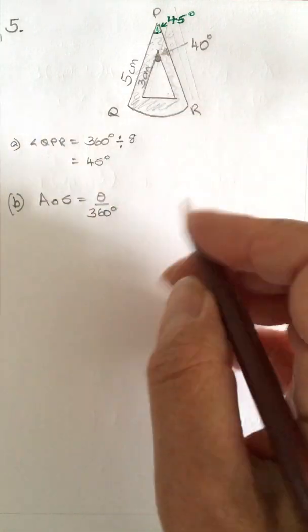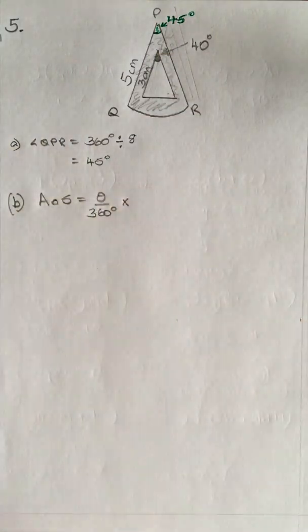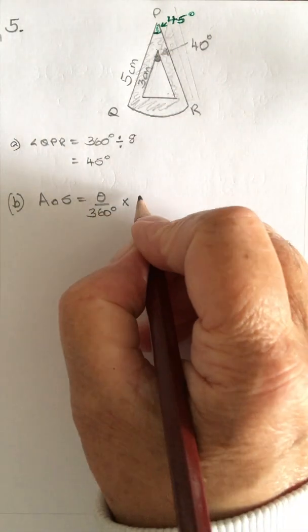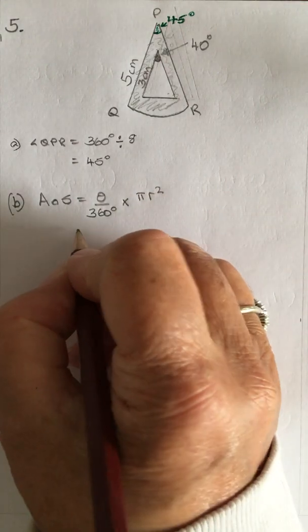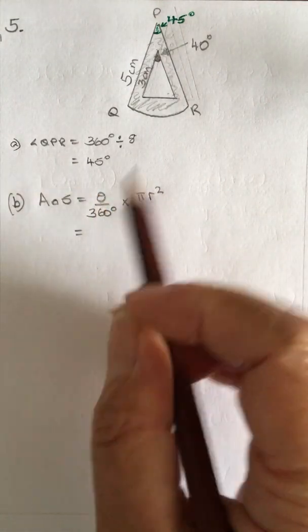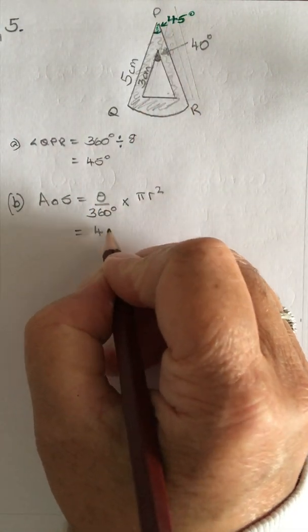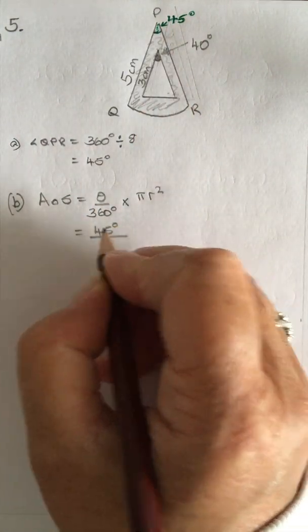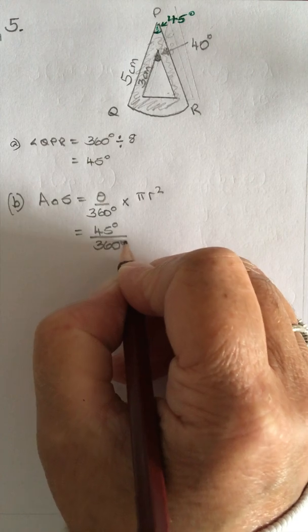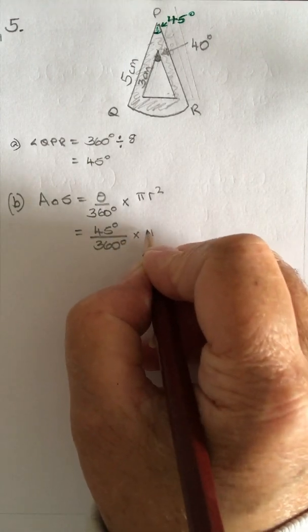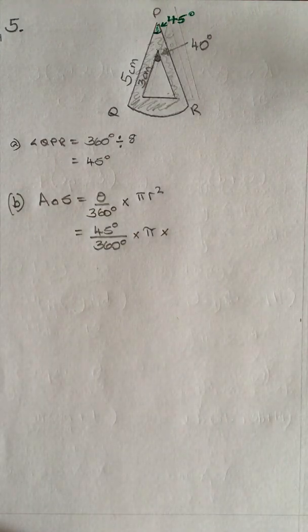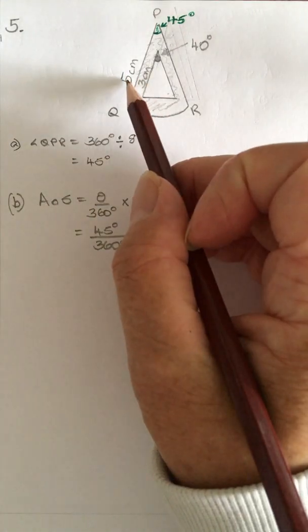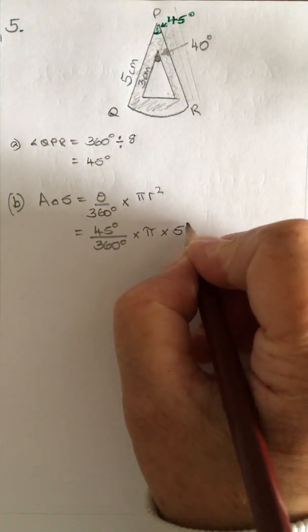So that's a fraction of the whole circle, and the area of the whole circle, area of a circle, is pi r squared. Okay, so the angle that we've got is 45 degrees out of 360 degrees. We multiply that by pi, or 3.14, and then we multiply that by the radius squared. So we multiply that by 5 squared.